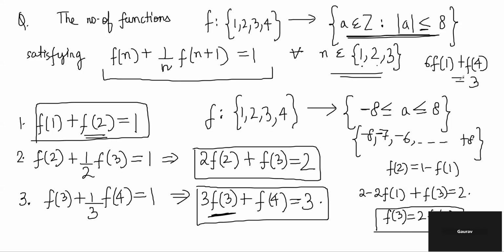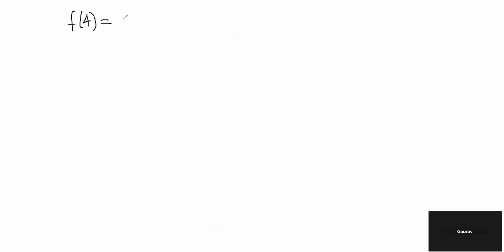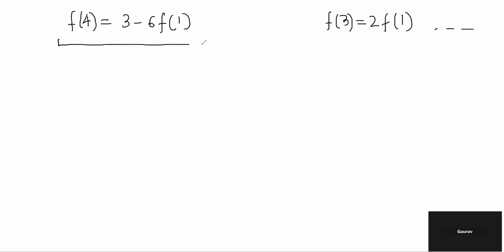So f of 4 is coming out to be 3 minus 6 times f of 1, correct? We also have gotten things like f of 3 is 2 times f of 1 and so on, correct?